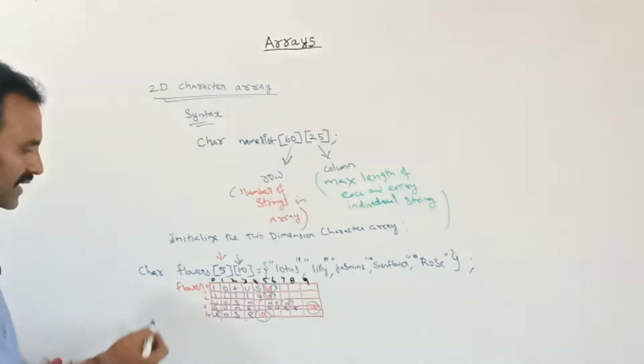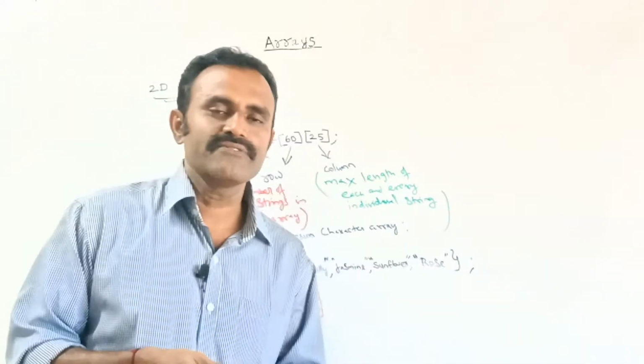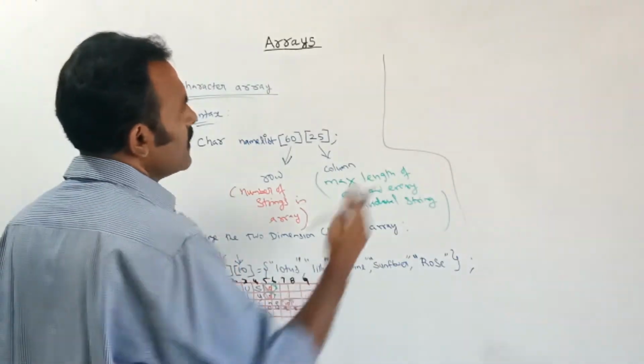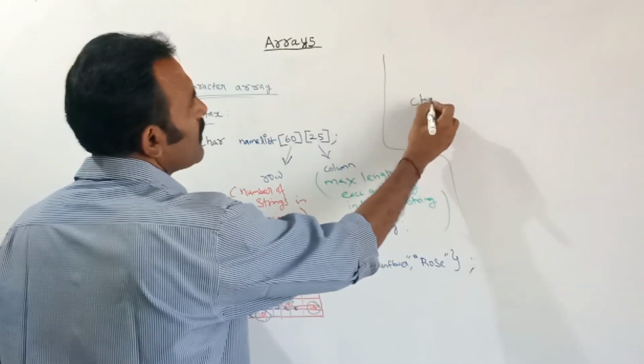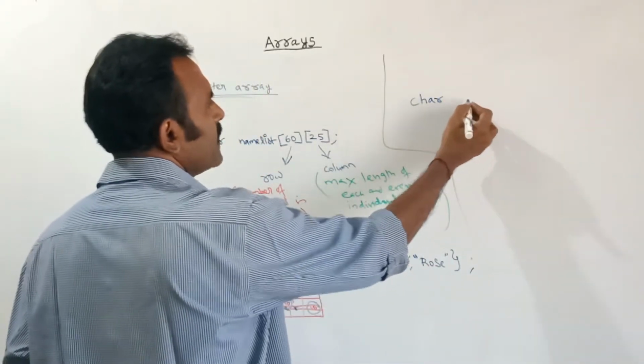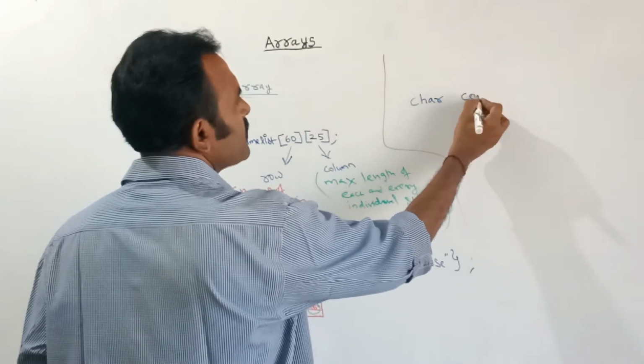See next, let us see how we can get the input to the two-dimensional array. For example, here I am declaring the variable. Here the data type is character. Next the variable name, let us assume it as country.